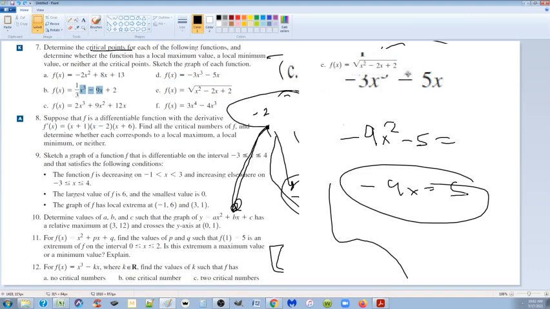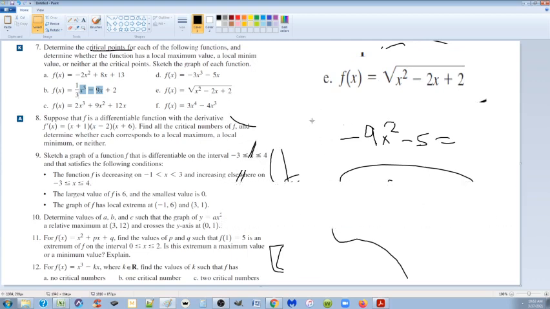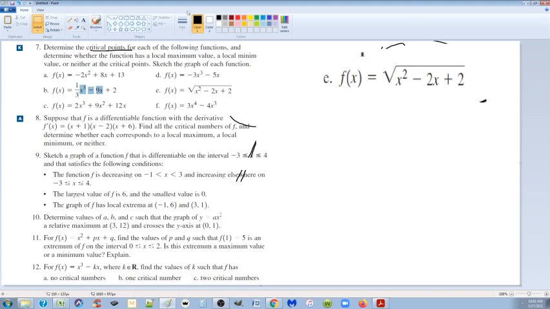This is the same as this. Right away, notice that it's a sideways square.